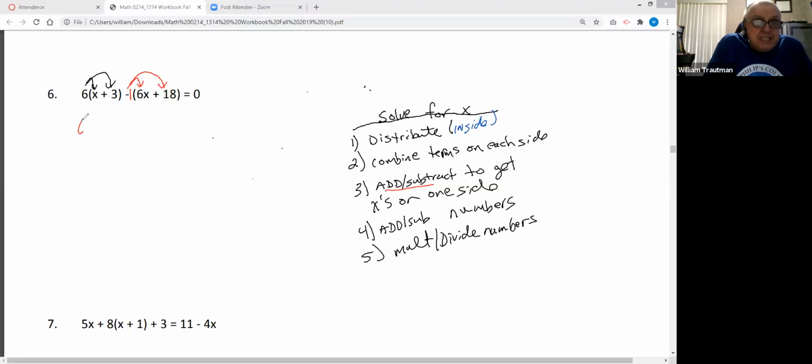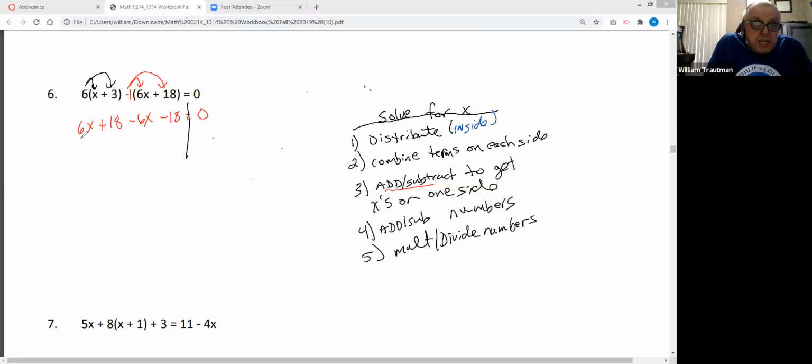6 times x is 6x. 6 times 3 is 18. -1 times 6 is a -6x. -1 times a +18 is a -18. That's step 1. Step 2, combine like terms. On the right side, there's nothing to add.